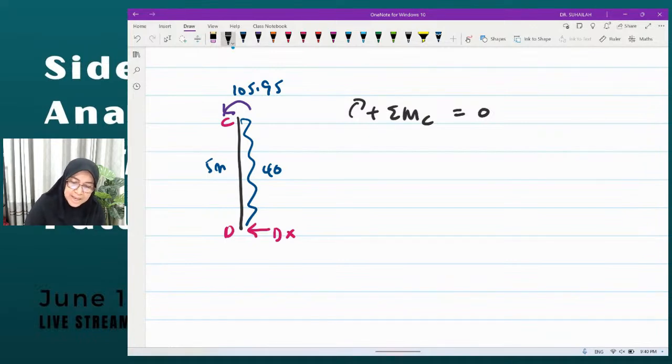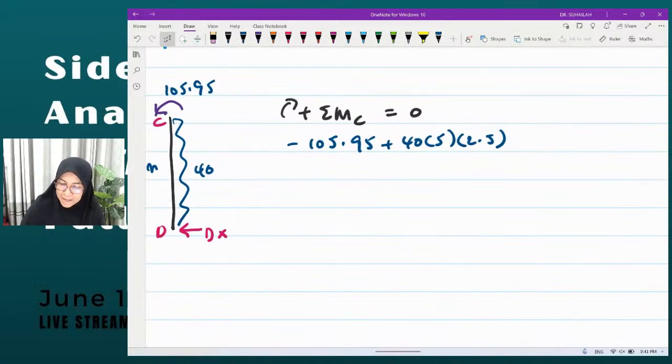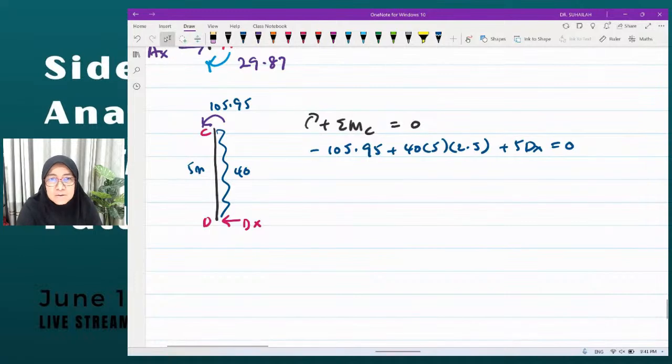It is negative 105.95 plus 40 times 5 times 2.5 plus 5 DX, and this is equal to 0. One we get from the moment at C, another one we get from the UDL, and another one we get from DX.